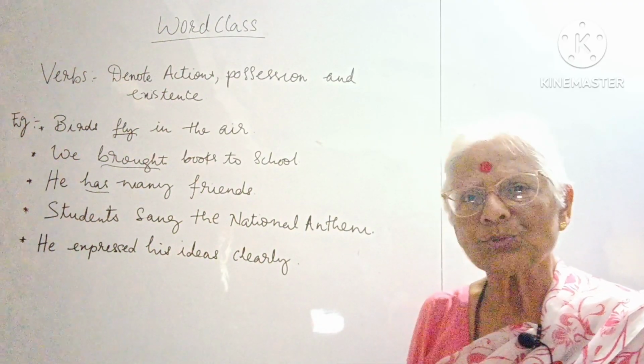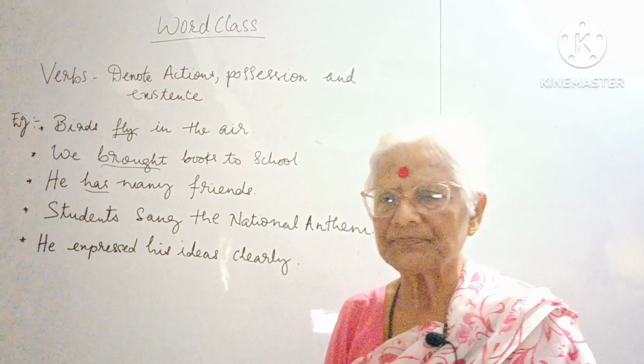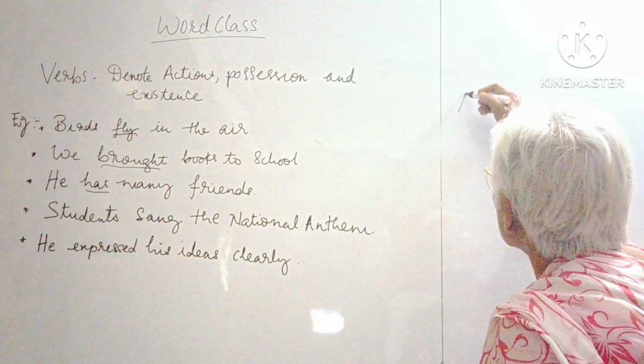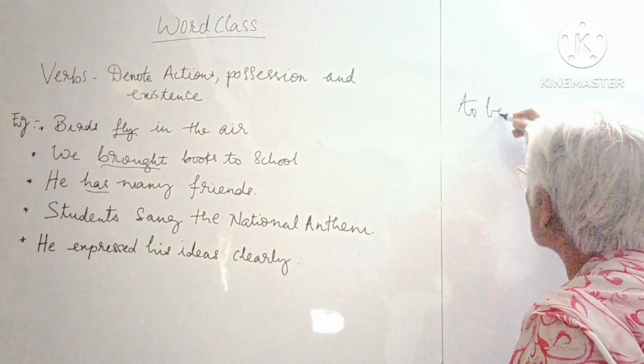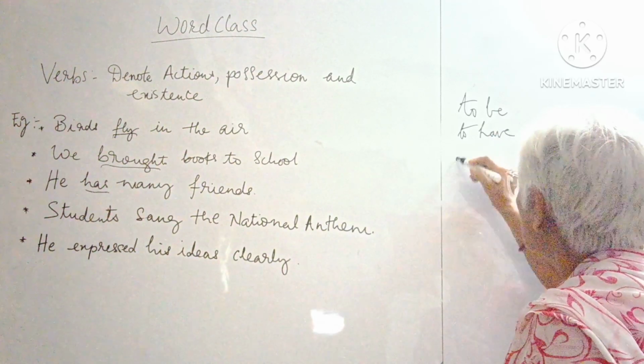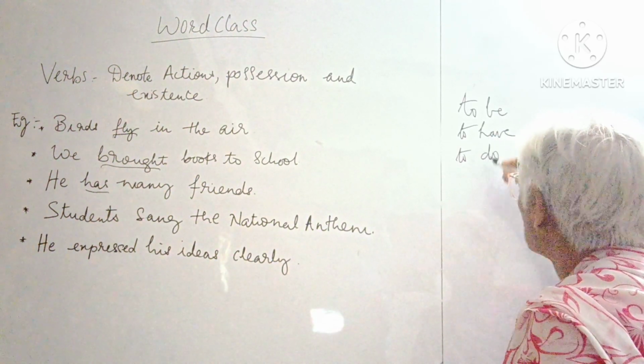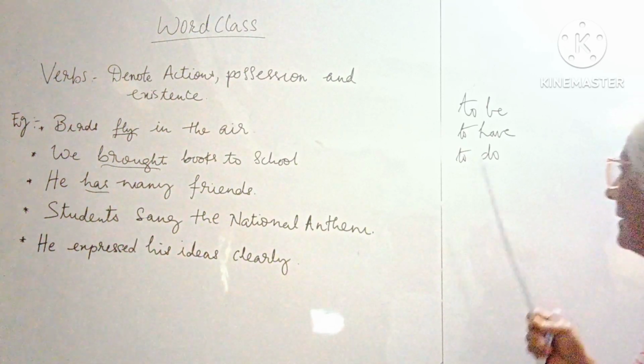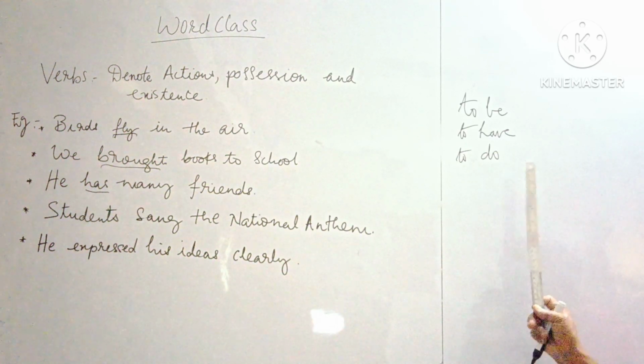Now in English we have three primary verbs: to be, to have, to do.